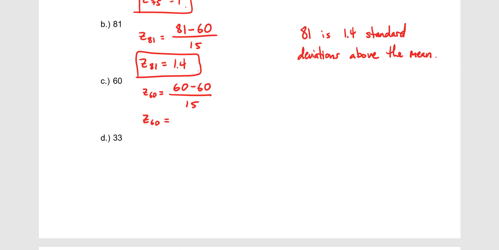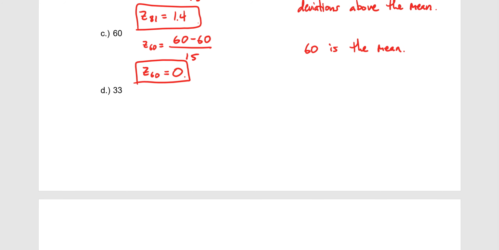Anytime 0 is in the numerator, that gives us an answer of 0. And anytime we have a z-score of 0, that means the value is 0 standard deviations away from the mean, which means that the number is the mean, which is pretty obvious if we take a look at the mean of 60, so clearly they're the same.